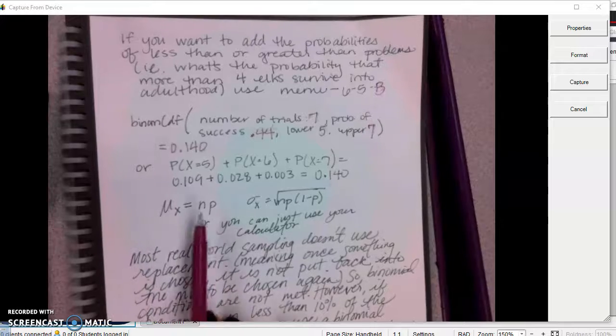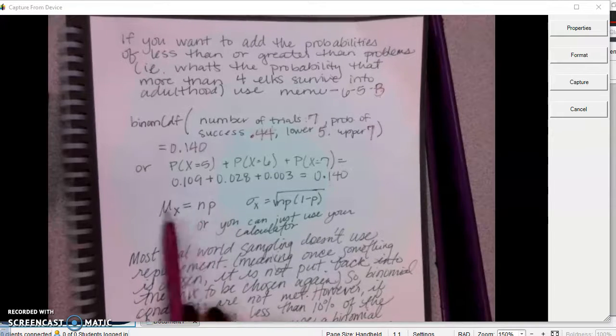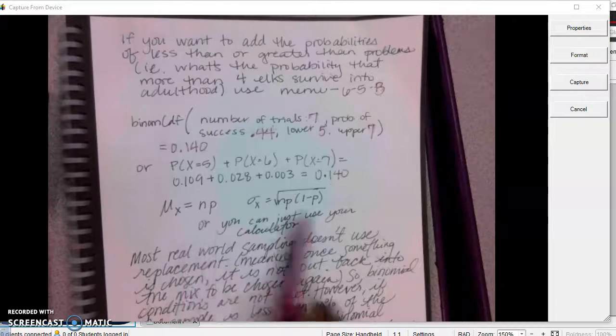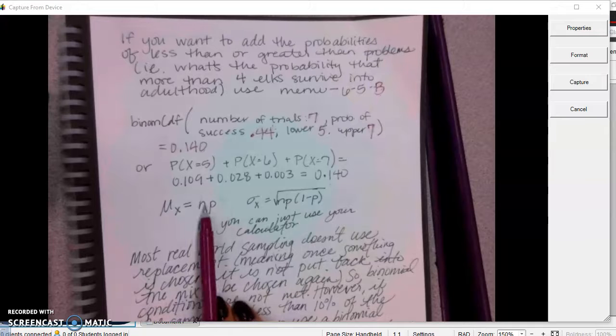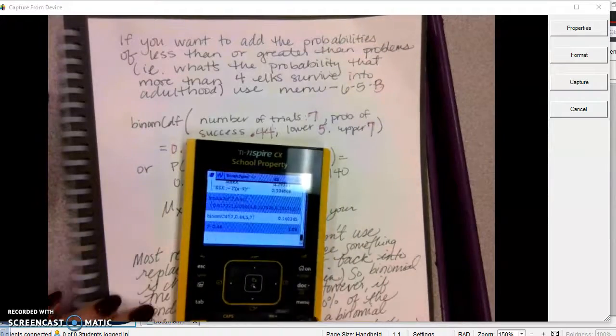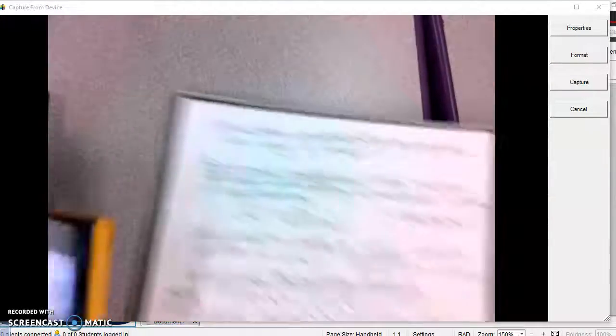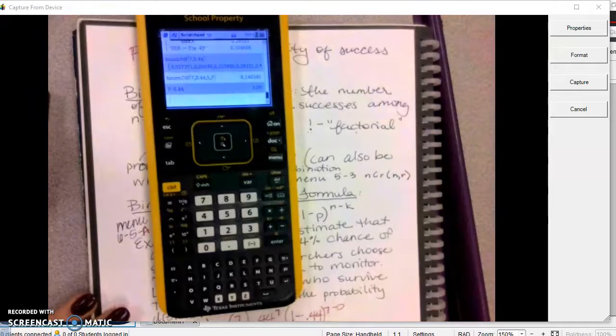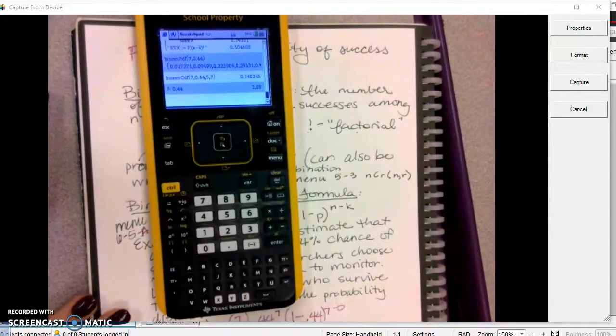Now to find our mean, for any binomial distribution, it only works for binomial distributions, you're going to do n, the number of trials, 7, times the probability, 0.44. So we have 7 times 0.44. So our mean is going to be 3.08.